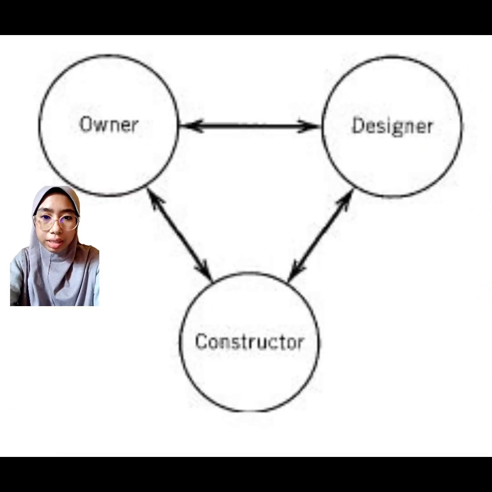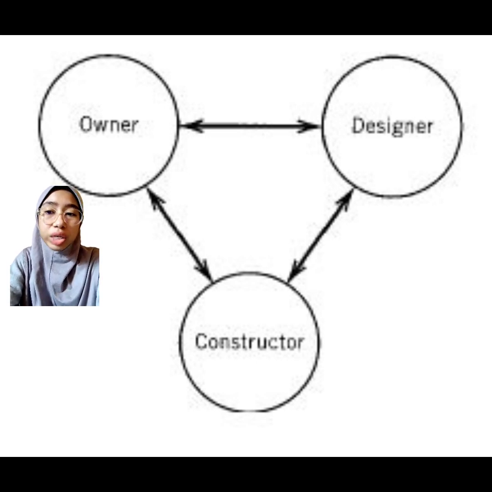A project is initiated by an owner, then designed by a designer and executed by a contractor. The legal definition of the interaction is established in the general condition of the contract. The three key players in this development sequence are the owner, the designer or design professional, and the contractor.